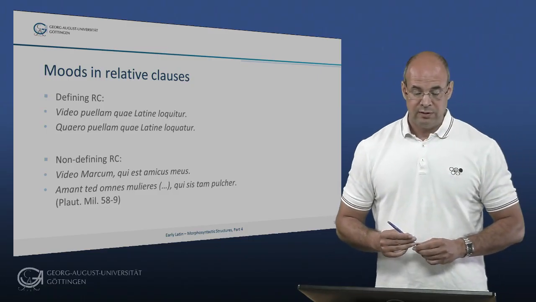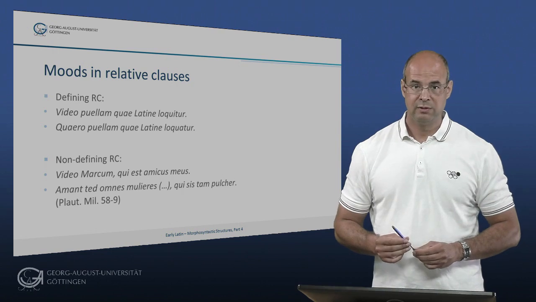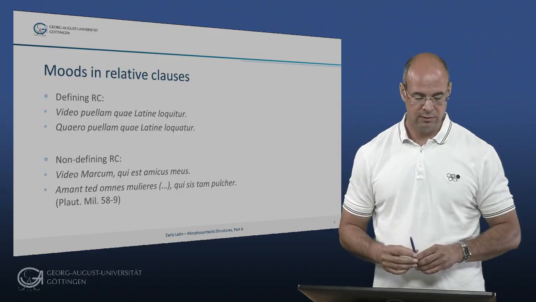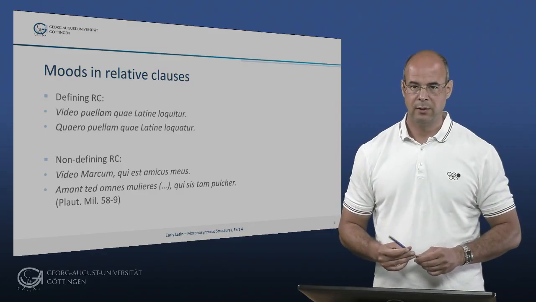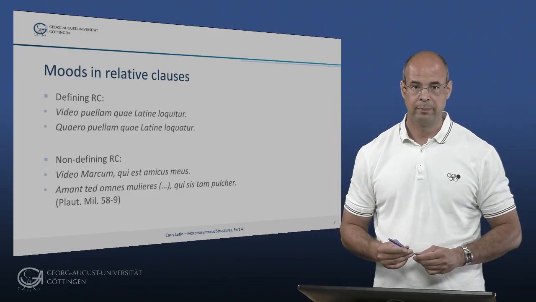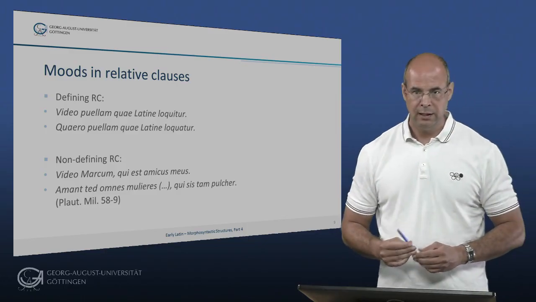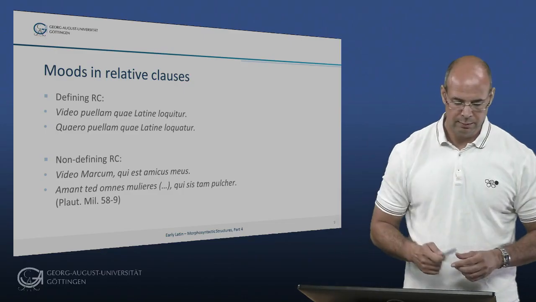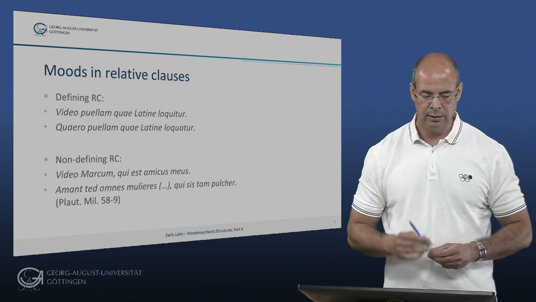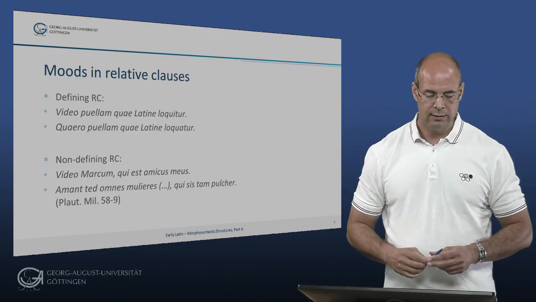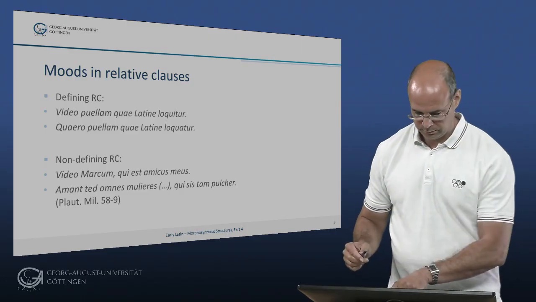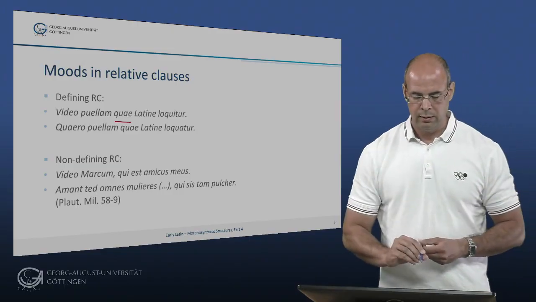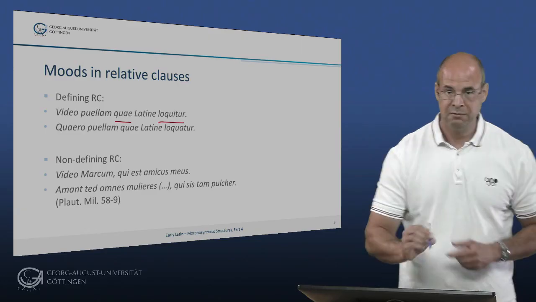Let's now look at moods and relative clauses. The moods in relative clauses are pretty straightforward in early Latin. We can make a distinction between defining and non-defining relative clauses. In defining relative clauses, the indicative is normal. So a made-up example: video puellam quae Latine loquitur. I can see a girl, quae, who, speaks Latin, indicative.